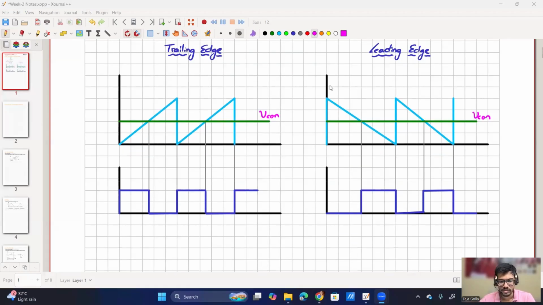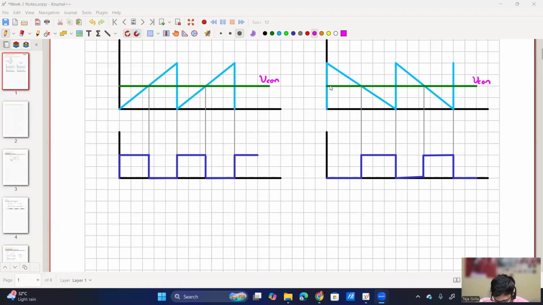And one nice thing that you have asked also, I would like to point out is in these cases, if you see, the time period is always fixed. So what we are varying is the duty ratio, dT. Even in this case, the time period is always the same because the sawtooth defines the time period, and the sawtooth has a fixed time period, and then this dT is being varied.